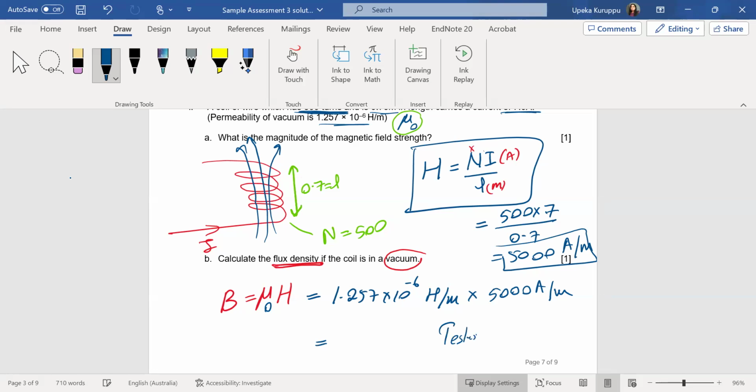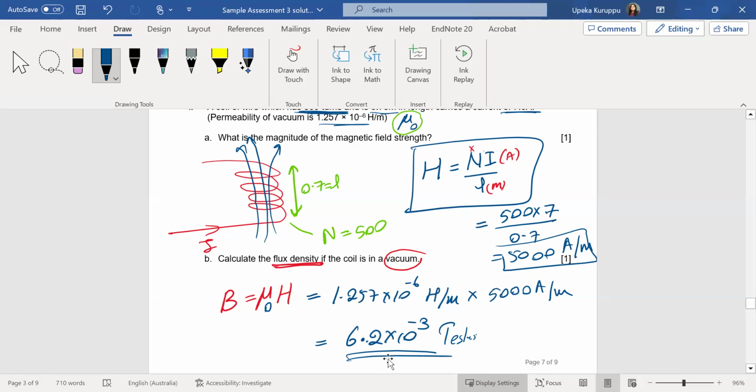Tesla is a unit, okay? So you can use Tesla, or otherwise it's henries, amps per meter squared, or else you can keep it as Henry. So what do we get? 6.2, 10 to the power? Do we all get this? Any question?